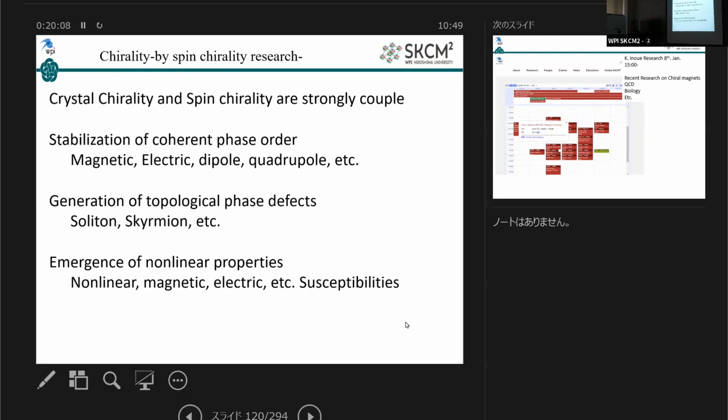And the emergence of nonlinear properties can be added by chirality: nonlinear magnetic susceptibility, electronic susceptibility, and maybe everything.